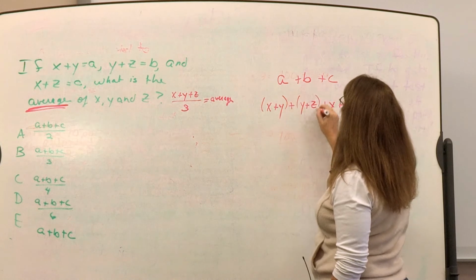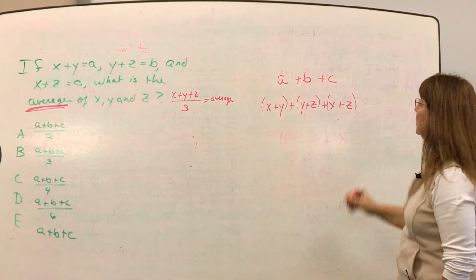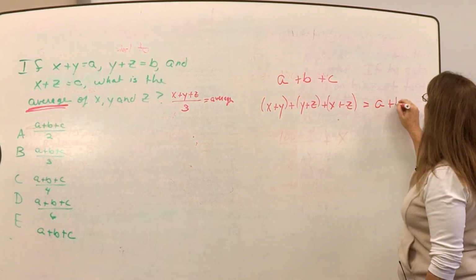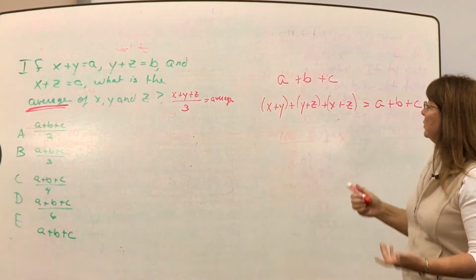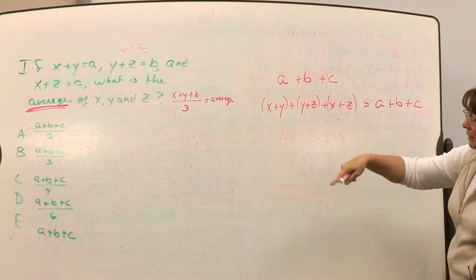Here's your A, here's your B, here's your C. So this is what I get when I add A, B, and C together. Well, that's starting out okay, because I noticed that this isn't all my answers, so that's good.